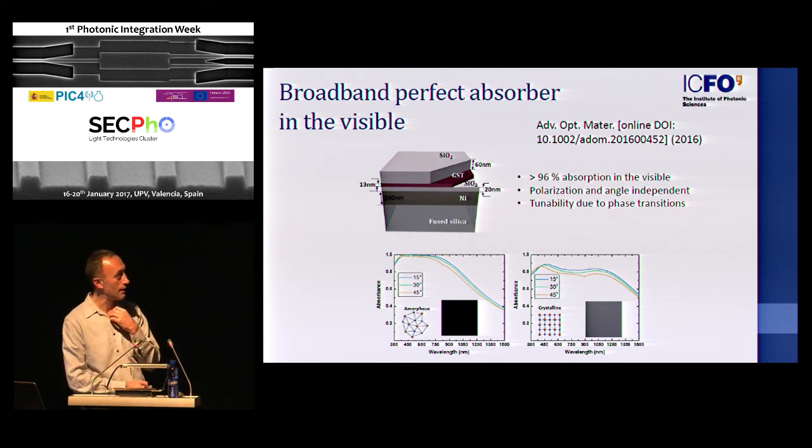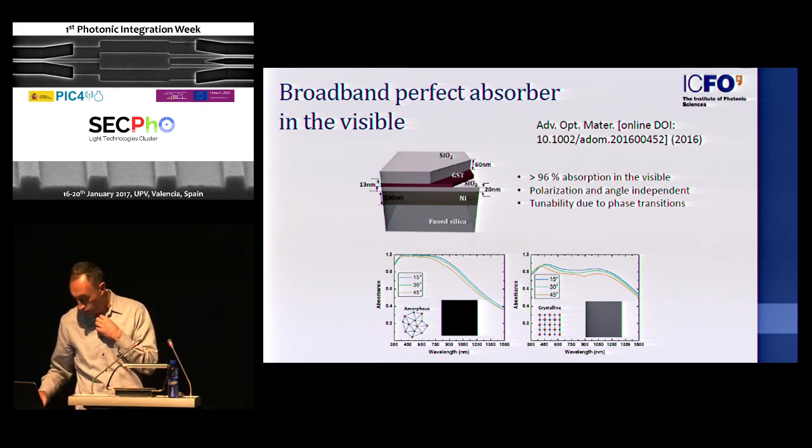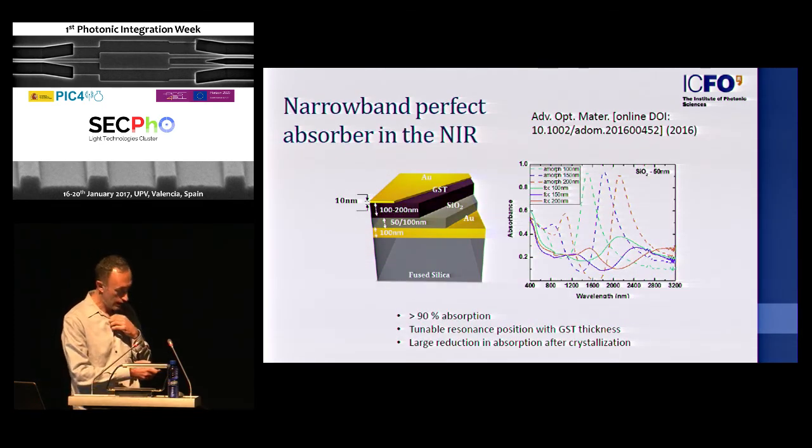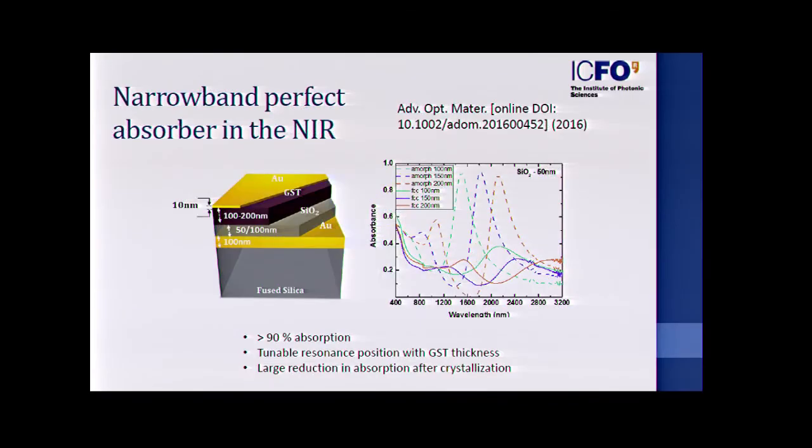Maybe I'm going to say that this work has been in collaboration with Javier Garcia de Abajo, and the previous one with Simon Wall. And it can also be narrowband. How do you obtain the narrowband? Well, instead of a single layer of metal, you use 2 layers of metals, right? Because then you have a resonating structure, and you know that every time you have a resonating structure, you have essentially a narrowband operation.